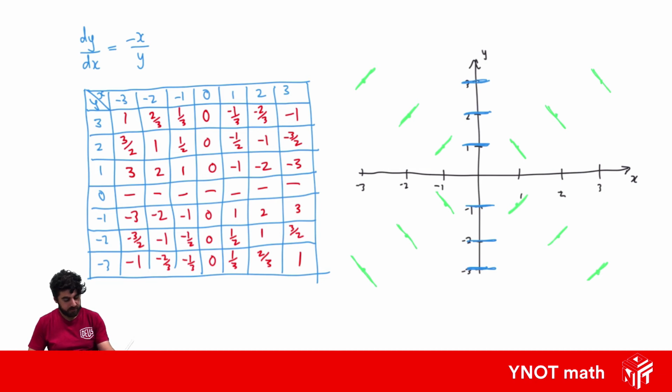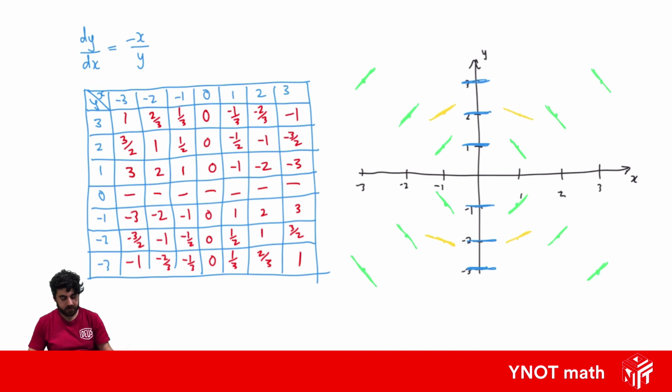So all the gradients of 1/2, well, one occurs at -1, 2. So gradients of 1/2 will be flatter. We have a -1/2 over here. We have another half at 1, -2, which is a bit flatter, and another one at -1, -2. That one's -1/2, so it goes the other way.